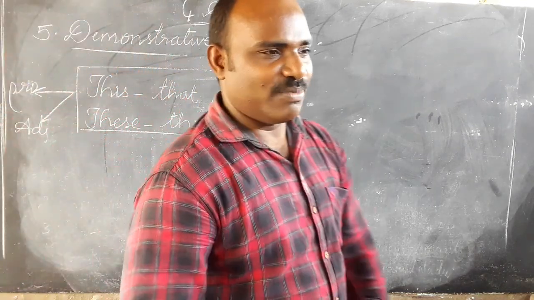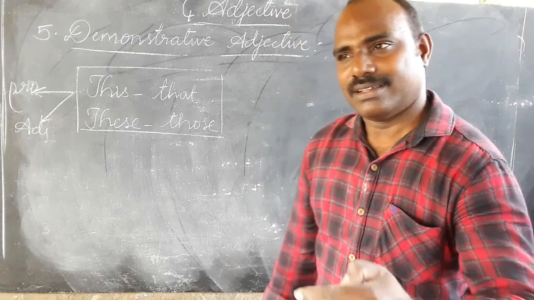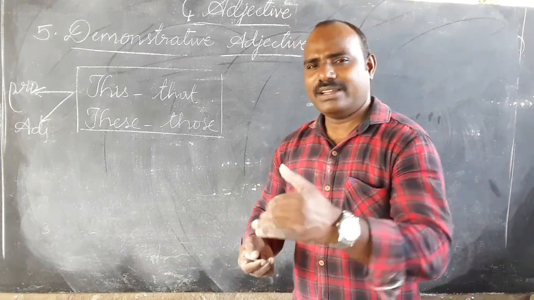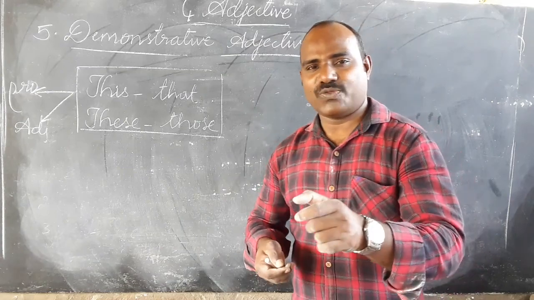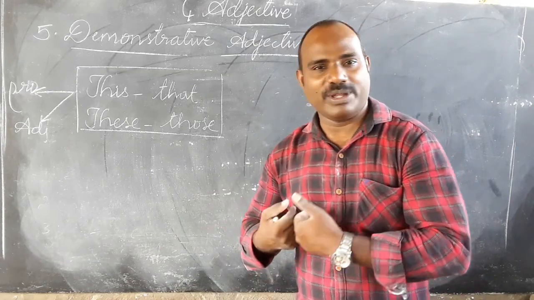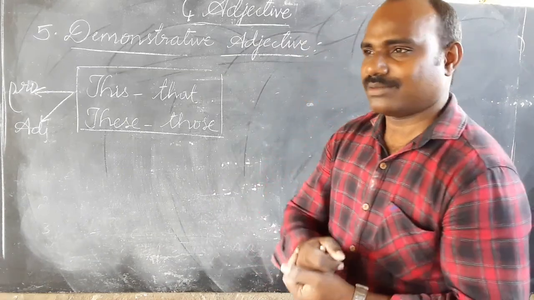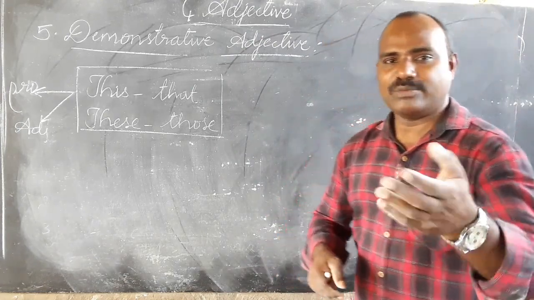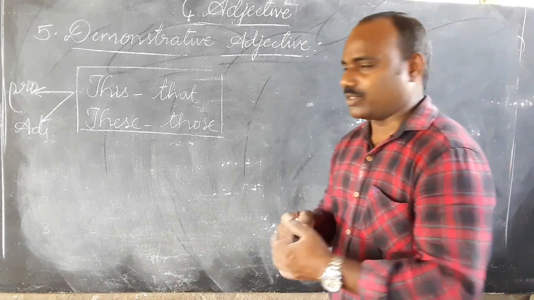These 4 words can be used in 2 different ways, as pronouns, as adjectives. There is a variation. We can easily identify where this is an adjective, where this is a pronoun. Very easy. A simple logic. I think I told you in the class. I'll tell you again in this class also.